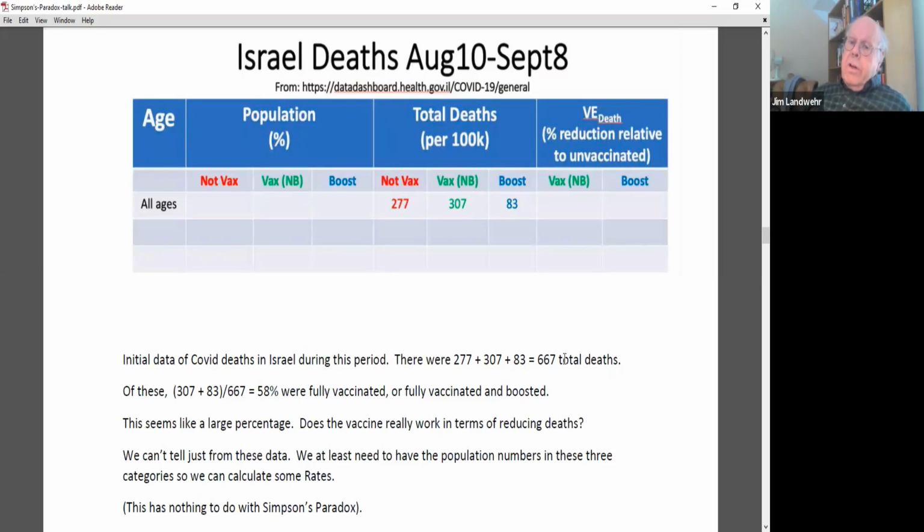So there were a total of 667 deaths, the sum of those three numbers, from COVID in Israel during this 30-day period.